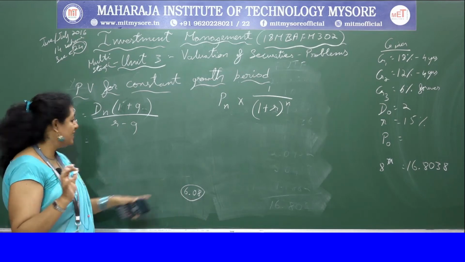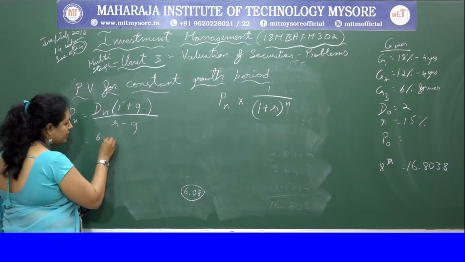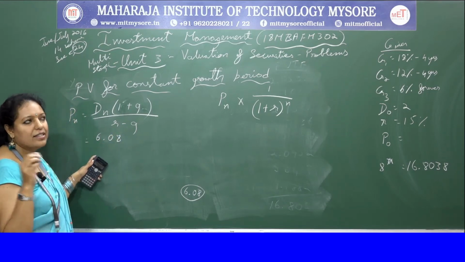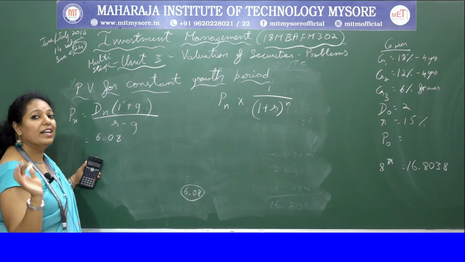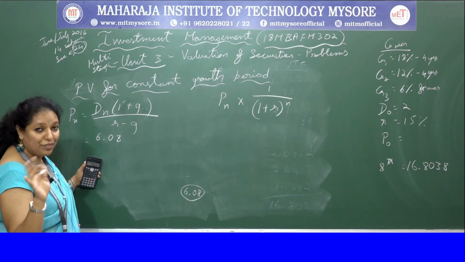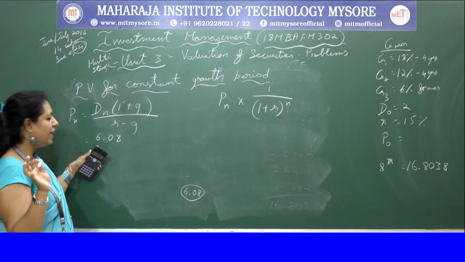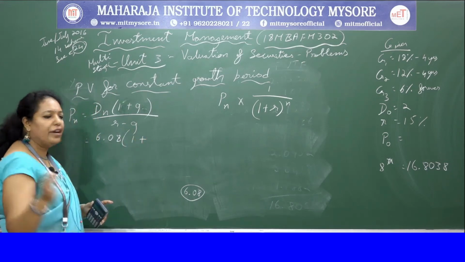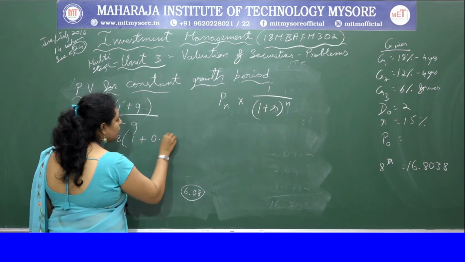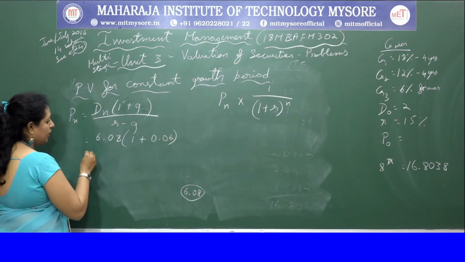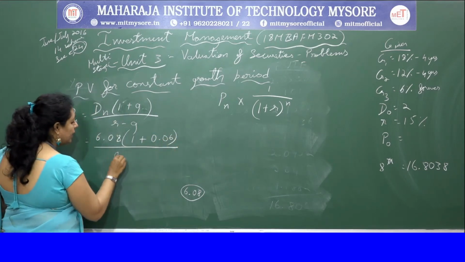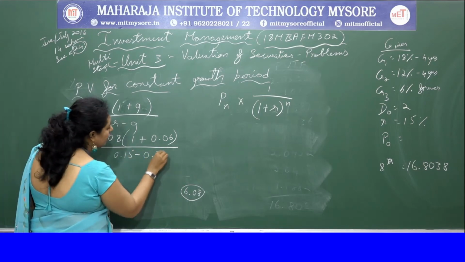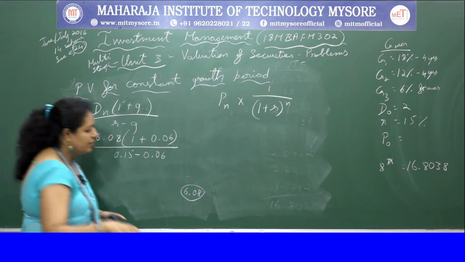So this is the last year's Dn, the dividend for the 8th year. So 1 plus growth rate forever becomes 0.06, divided by R is 0.15, that is 15% rate of return, and G is 0.06.